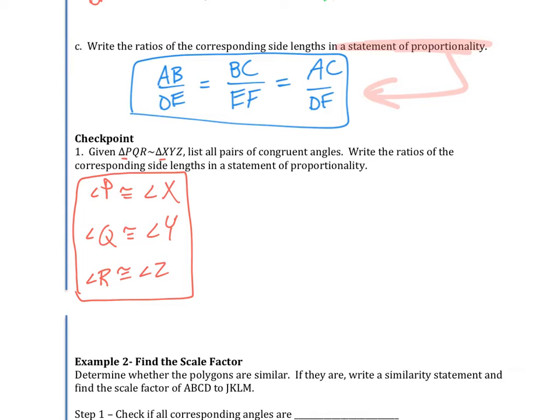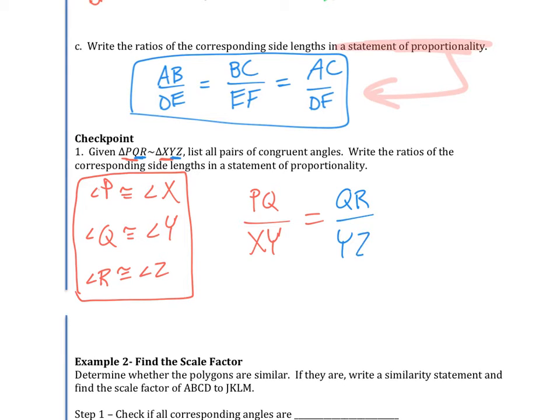The statement of proportionality would be writing the fractions of the side lengths. So for that, we have to take two letters, such as PQ. PQ matches up with XY. So it'd be PQ over XY equals, look at the next two letters, QR and YZ.